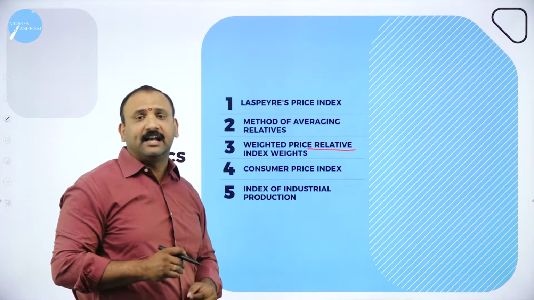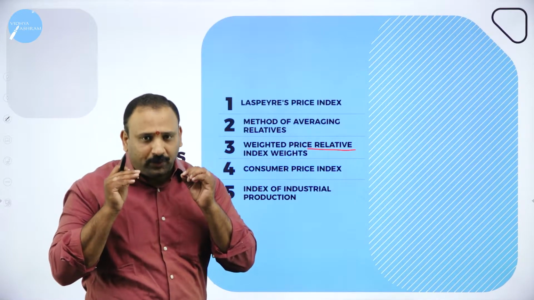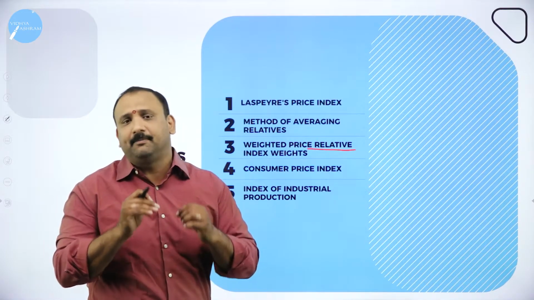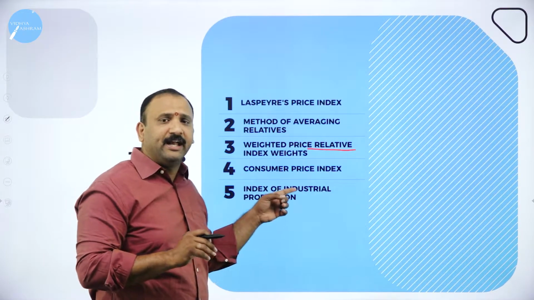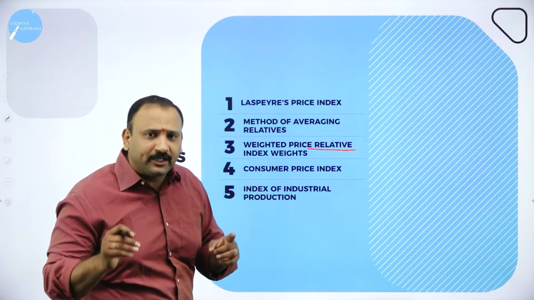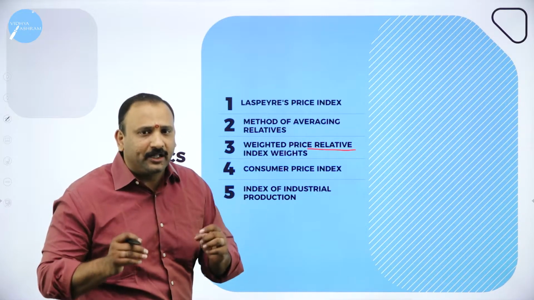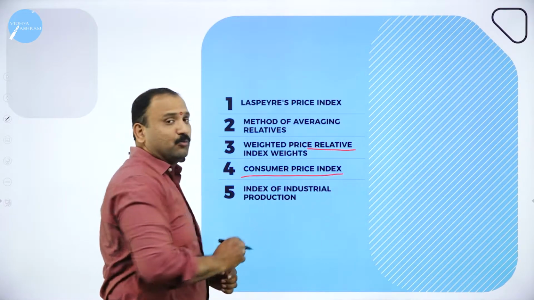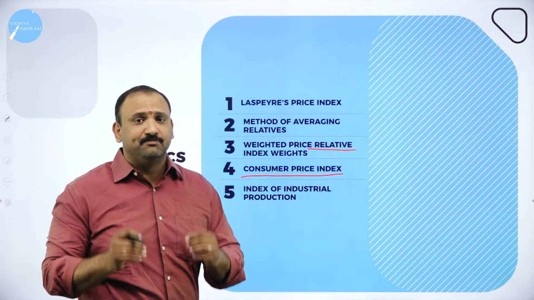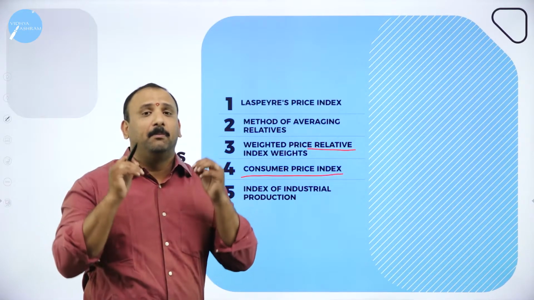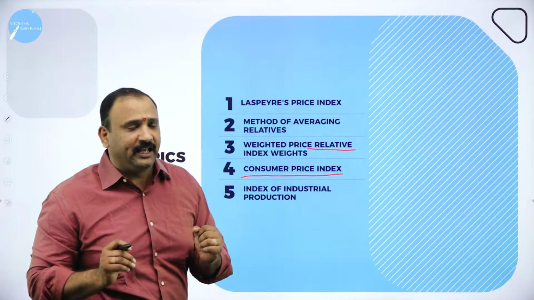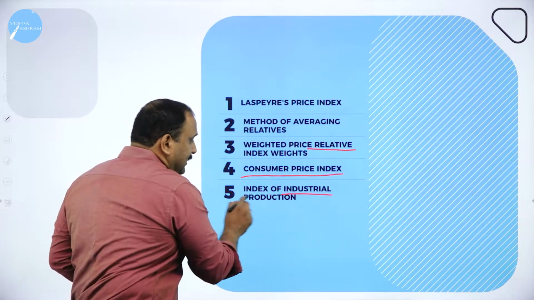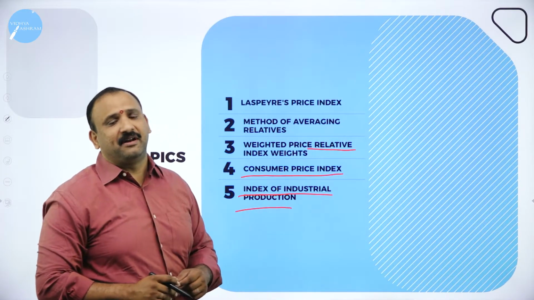Consumer price index, not to forget, that is what we are living and that is what we are meant for, because every day we are the consumer, we are the people who deal with the price, we are the people who set the demand and supply. So consumer price index, more than saying important, it is mandatory, it is inbuilt by default, it is a part of the economy. And not to forget the index of industrial production.